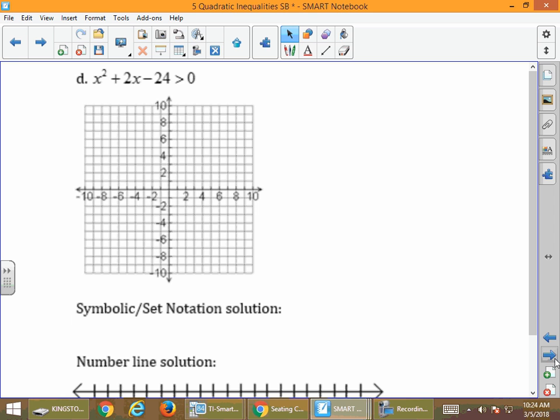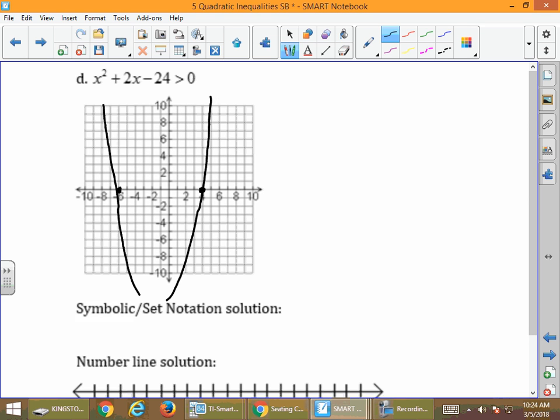Nice part about D is we already know what the picture looks like. We can fill in our values here at the -6 and the +4. It doesn't have to be super accurate. We do want to put our roots as accurate as possible. We've already done the factoring for this.